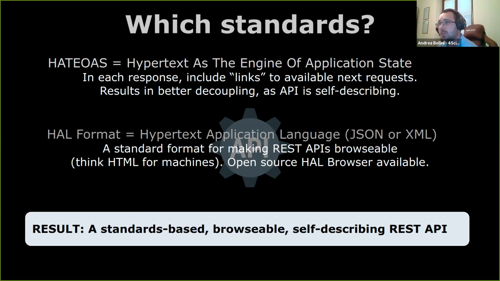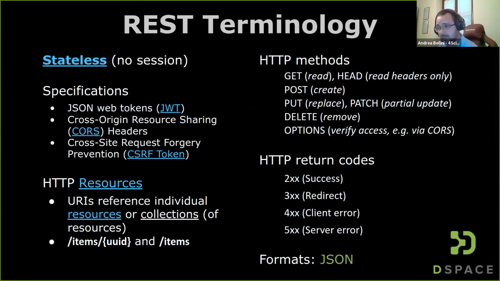So other important REST terminology and decisions that we made for the DSpace REST API. First of all, our REST API is stateless. This is really, really important because this will give us the opportunity to scale the application vertically or horizontally very easily. There is no session on the backend, absolutely no session on the backend.